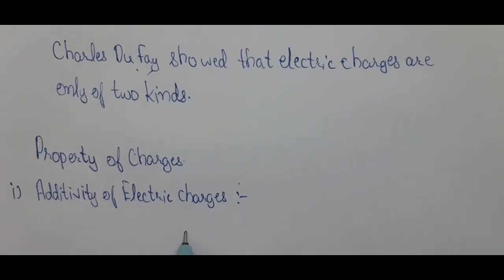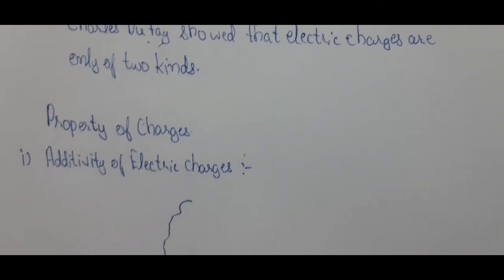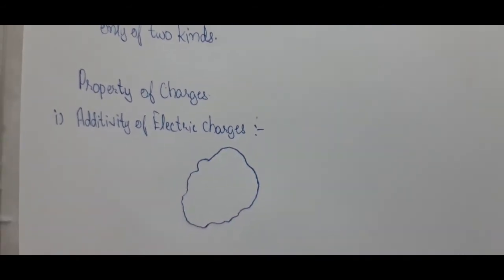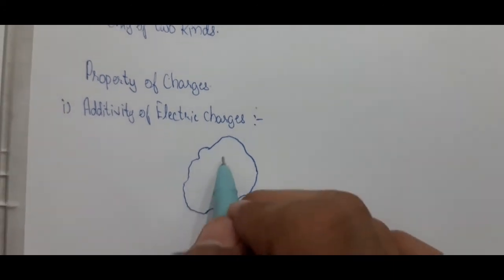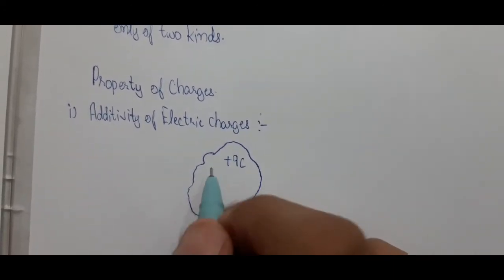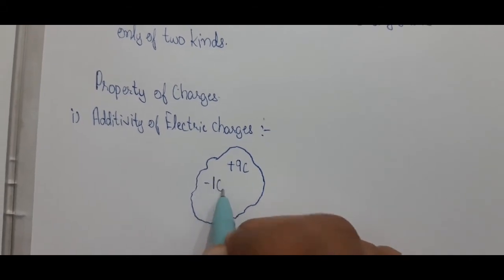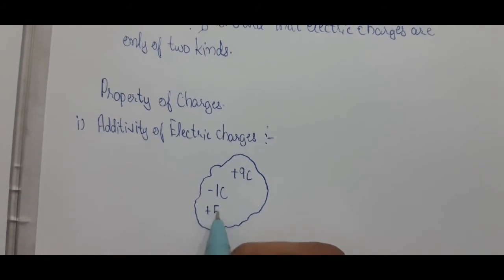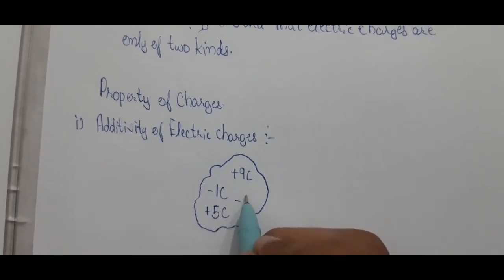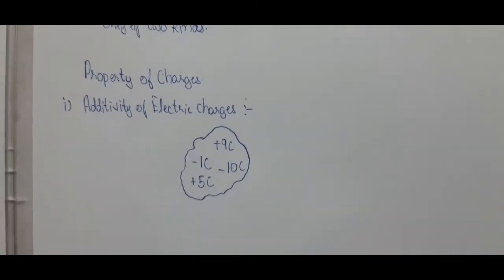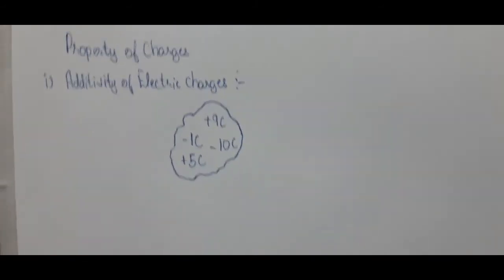Let's consider a body, and the body has charges plus 9 coulomb, minus 1 coulomb, plus 5 coulomb, minus 10 coulomb. So let's consider these charges.